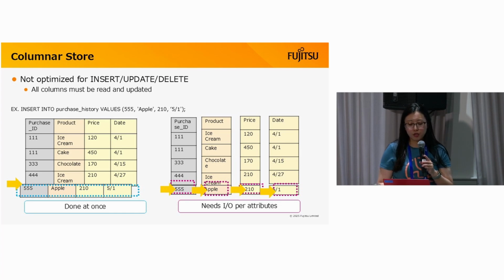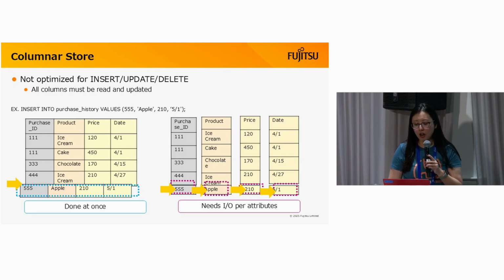The figure shows an example of insert processing when an insert SQL statement occurs, in the column store on the right and the row store on the left. Suppose you want to insert new purchase history data with an ID of 555, product name Apple, price of 210 yen, and purchase date of May 1st.